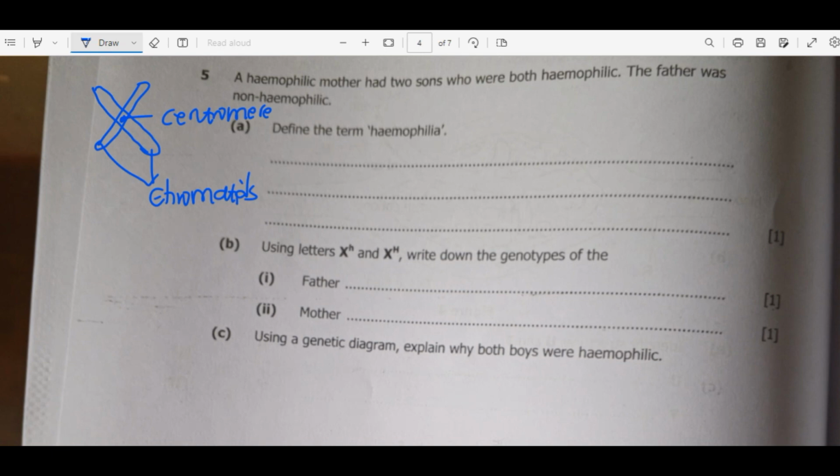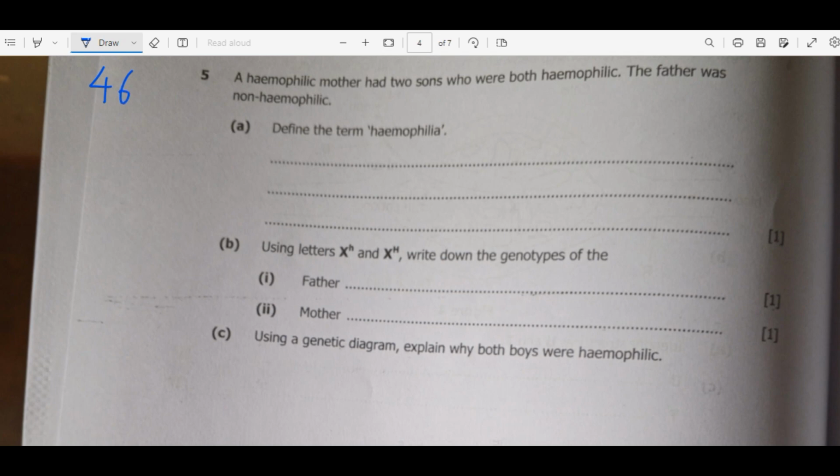Now, after we have an idea of the structure of a chromosome, let's see how many chromosomes we have in organisms such as human beings. A normal human being must have 46 chromosomes.